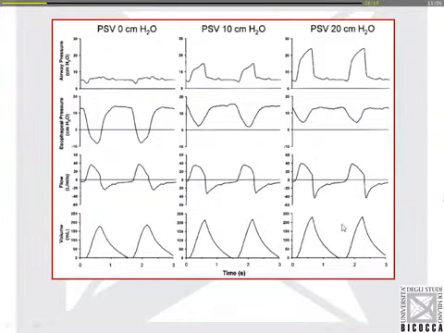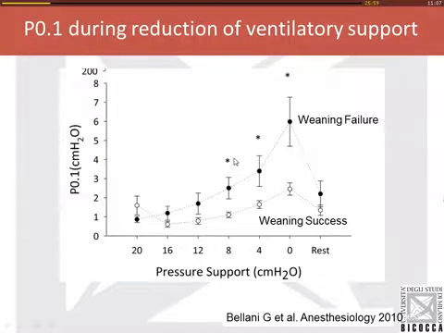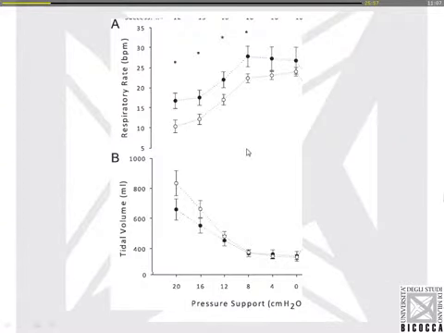In this case, what you see is that no matter what the level of assistance is, the tidal volume remains constant, respiratory rate remains constant, because, as I said, the sum of the pressure generated by the ventilator and the patient is more or less the same. Practically, this is not what we see in most of the cases.